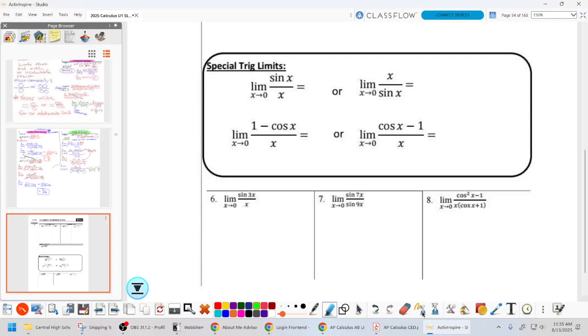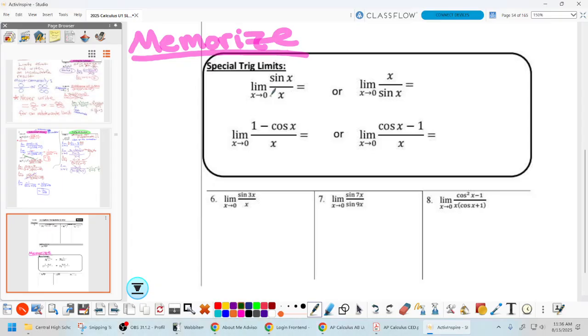First thing I'm going to tell you about this is you need to memorize it. Because, well, take a look at it. Just looking at this, is there any reason to know what that limit is? Like, can we manipulate it at all? No. Okay, so you need to memorize this little table that we're about to fill out.